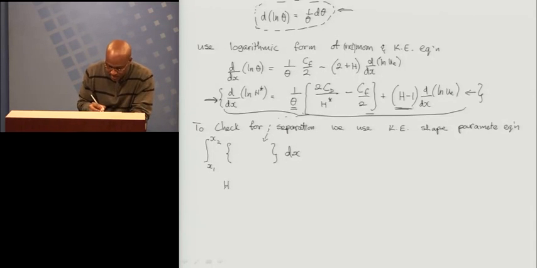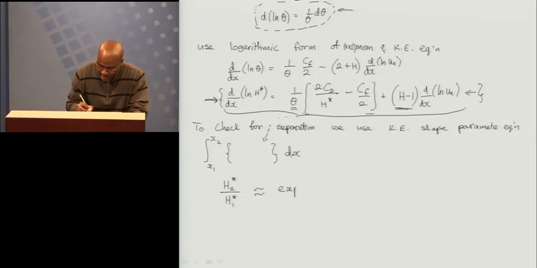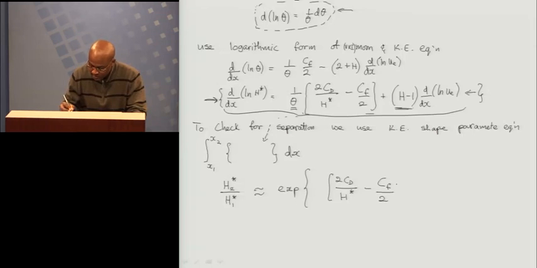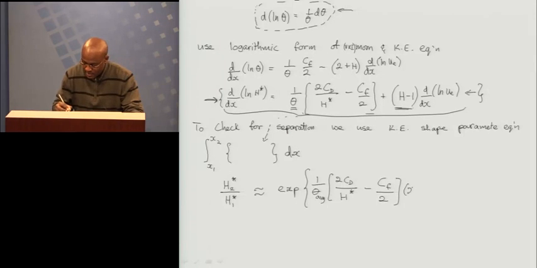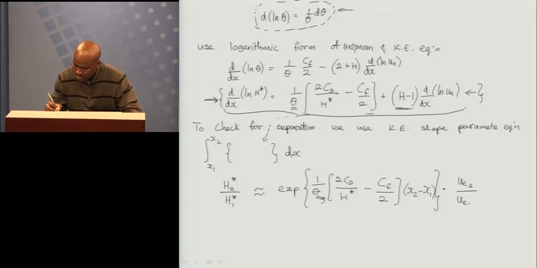Doing that, I would get H2* over H1* approximately equal to the exponent of (CD over H* minus CF over 2) by the average value, times (x2 minus x1), times UE at 2 over UE at 1, raised to the power of H minus 1. And I'll use the average value there.